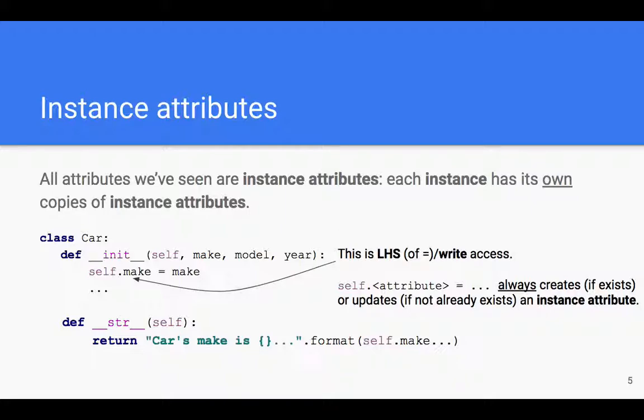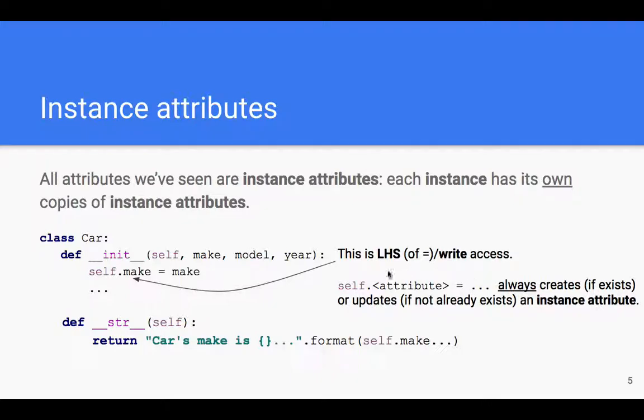So that's why the make of the car class is an instance attribute. Now, we've seen how to create an instance attribute, and typically that's done in dunder init. To create an attribute, we start with self, the instance, dot make on the left-hand side of an assignment operator.